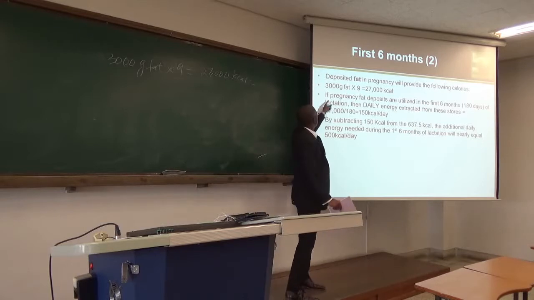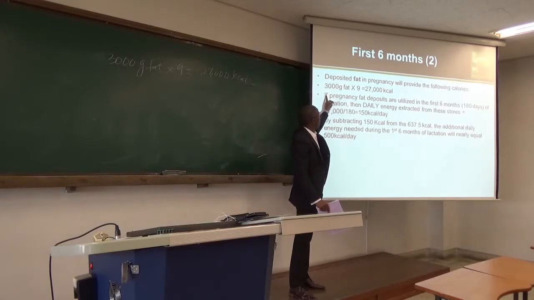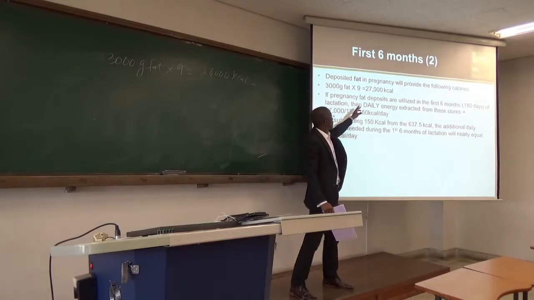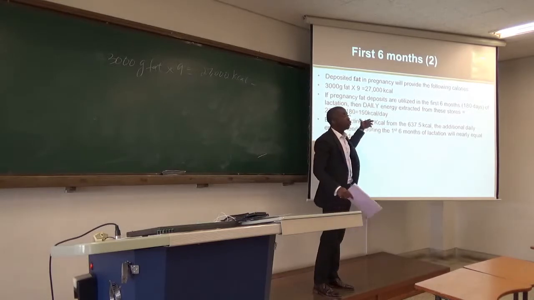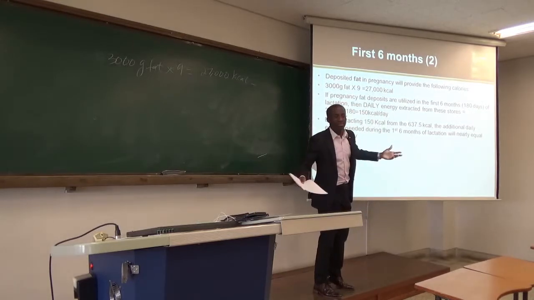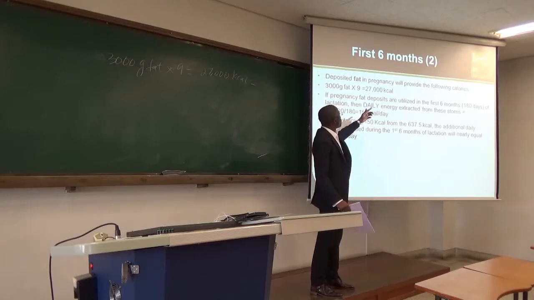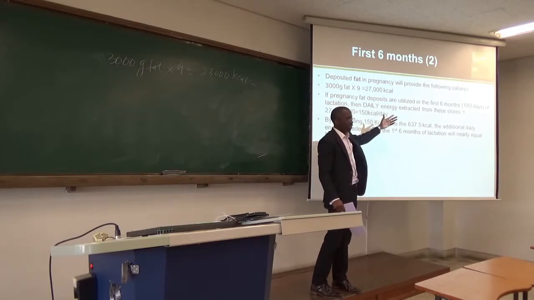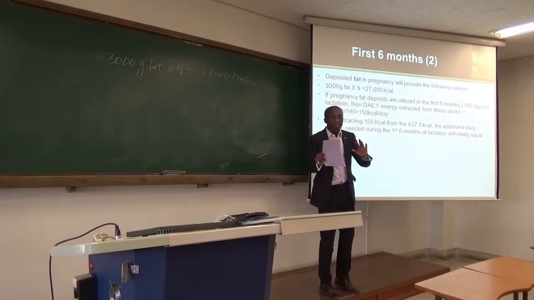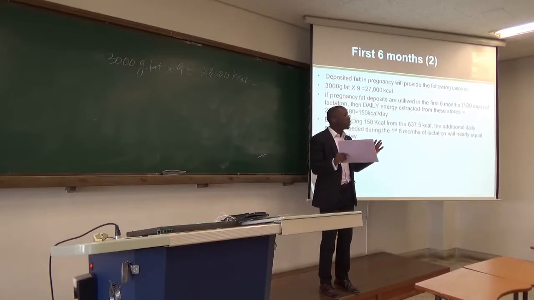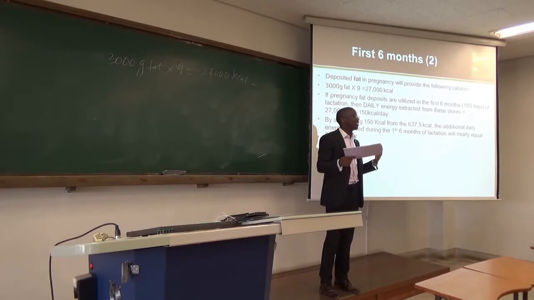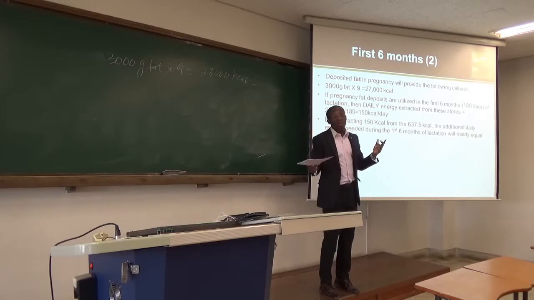Number 2: if I utilize the fat deposit, meaning if I use it in the first 6 months. Guys, 1 month is around 30 days. Some months have 31 days, others have 27 or 28.